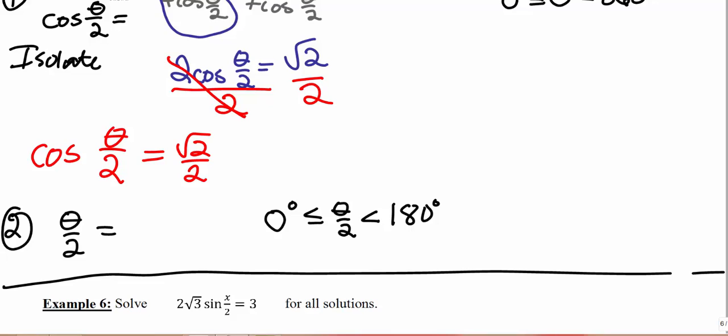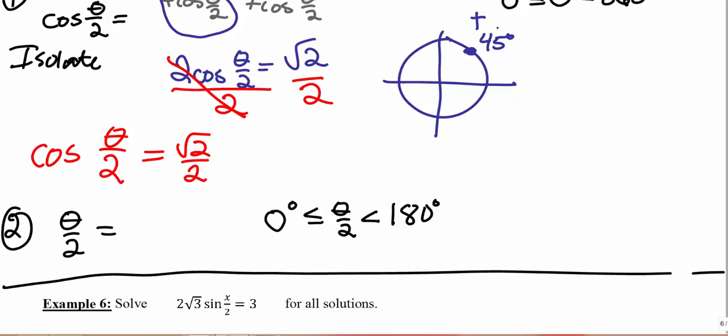Okay, so what values? We're talking about the 45-degree angle family. From quadrant 1, that would be 45 degrees, and cosine is positive in quadrant 1 and then also in quadrant 4, and that would be 315 degrees. However, we are not going to use the quadrant 4 angle. According to our adjusted interval, we are only asked to solve for angles between 0 and 180 degrees, so just the top half of the circle.